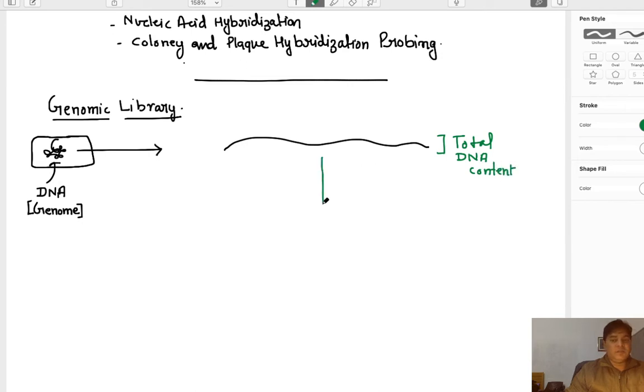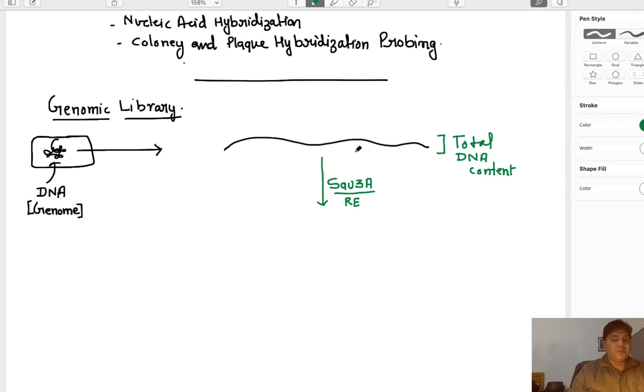And then we cleave this whole DNA through any of the restriction endonuclease enzymes, say for example SAU-3A. Now this is the restriction endonuclease enzyme.